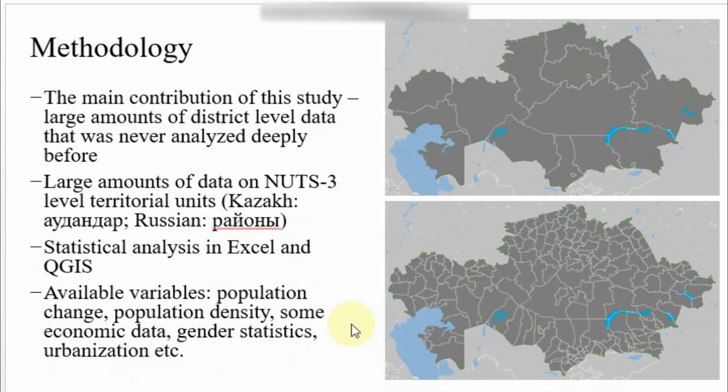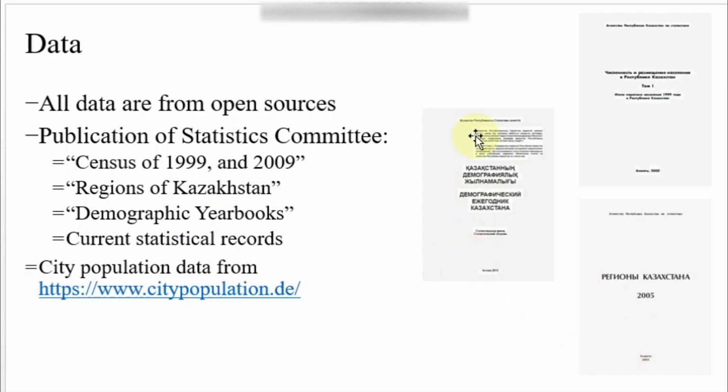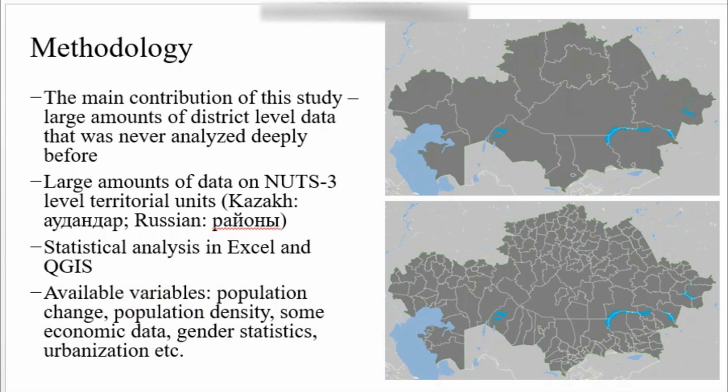The major problem here, however, is that these data are very difficult to process. It takes a huge amount of effort. I spent months working on just systematizing these data so that I could use them in Excel and QGIS.